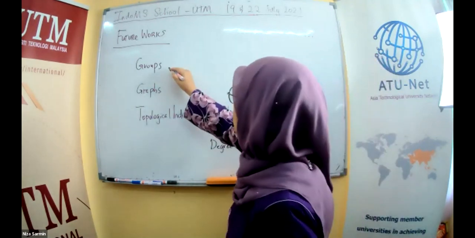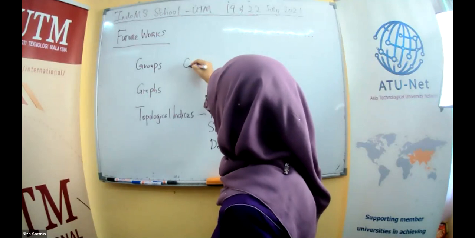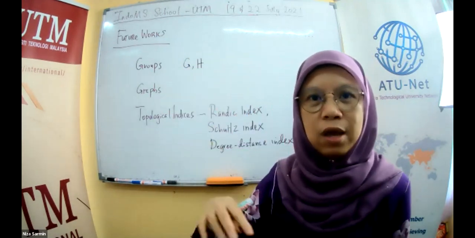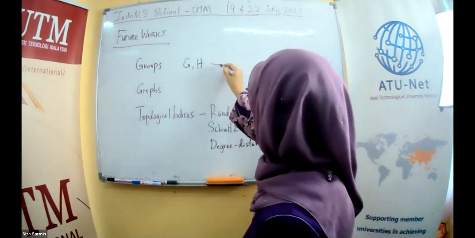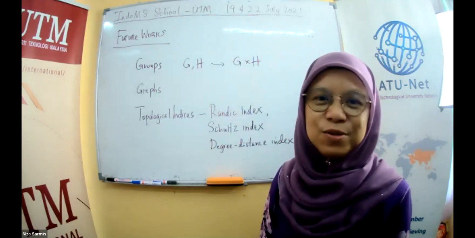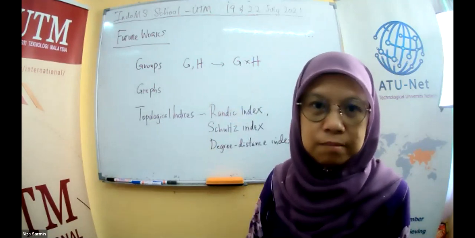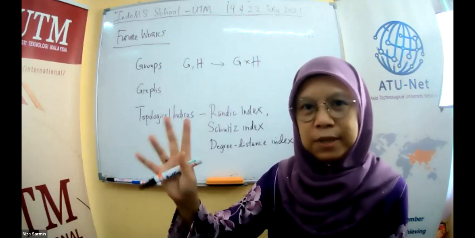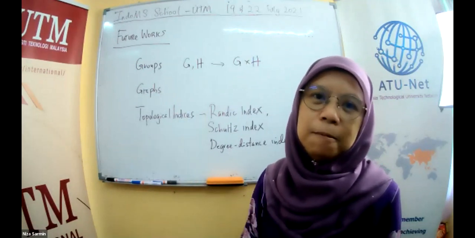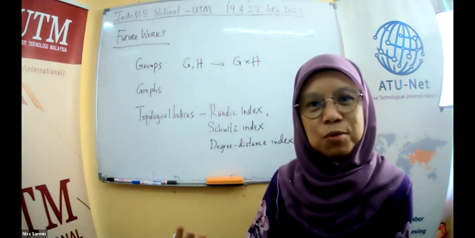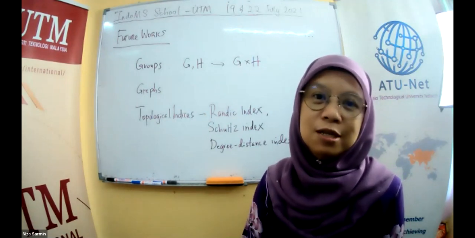For these groups, if you have G and H, two groups from whatever groups that we have, why not try the direct product of these groups, right? It becomes larger. What happens to the graph? And with that particular graph, whether it's connected, if it's connected, then you can probably find the topological indices.